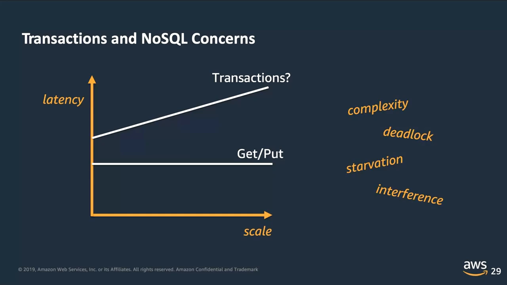The concerns around system issues like deadlock, starvation of these locks, and how you handle contention between different items, the concern of interference between non-transactional and transactional workloads, and on top of all this, the cost: what will it cost to actually execute a transactional operation? So all these reasons create a fear that, hey, maybe we should not add transactions. It'll impact the value proposition of my database.